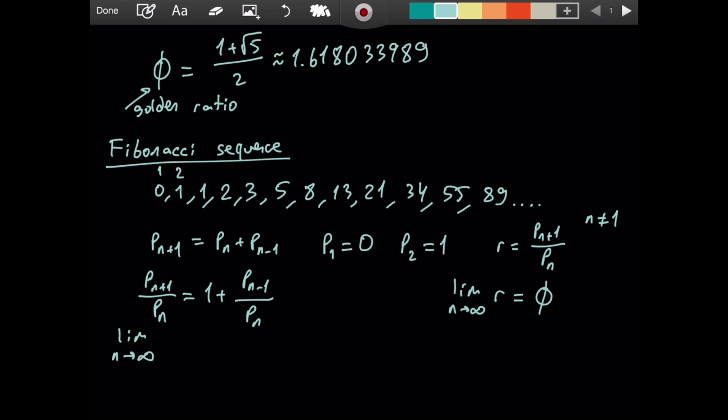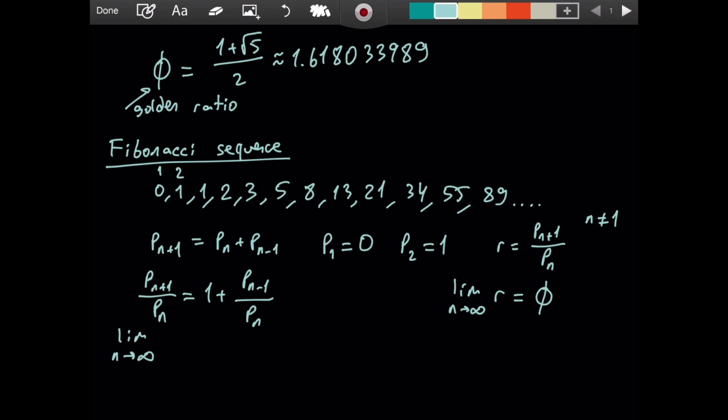So what we're about to do is valid for large values of n. For the large values of n, since the ratio is converging to phi, or to any number, right? We assume that it is converging to something, and we will show that that value is phi. So, in the limit, since the ratio is converging to some value, the difference between each ratio gets smaller.